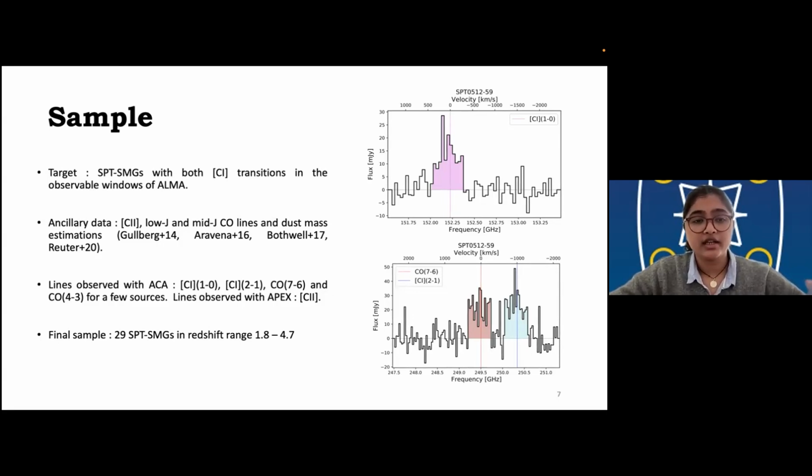Along with our ALMA ACA data, which mainly targets the C1 lines, CO 7-6 and CO 4-3, we also have APEX observations of C+. In the final sample, we have 29 SPT SMGs in the redshift range of 1.8 to 4.7, with both the C1 lines targeted, and 17 of them also have additional C+ data.